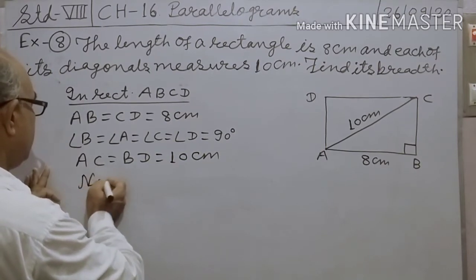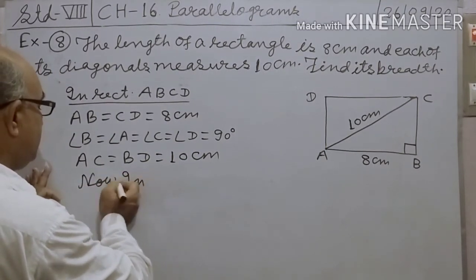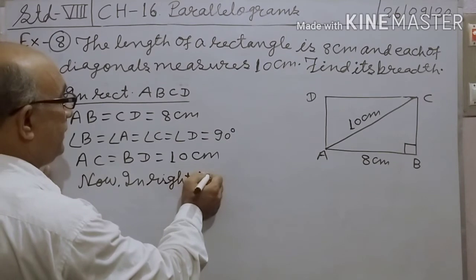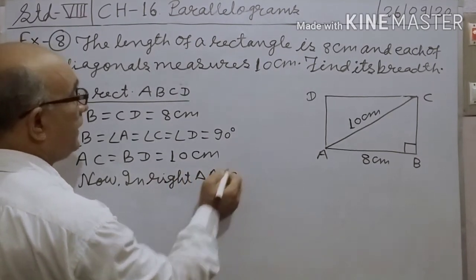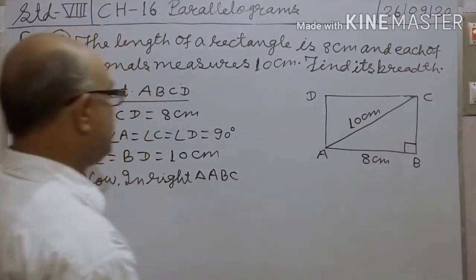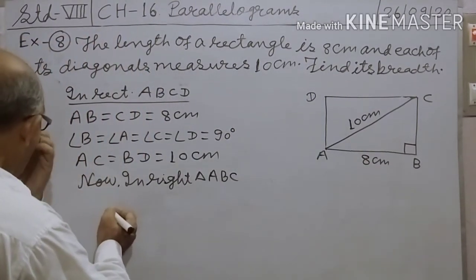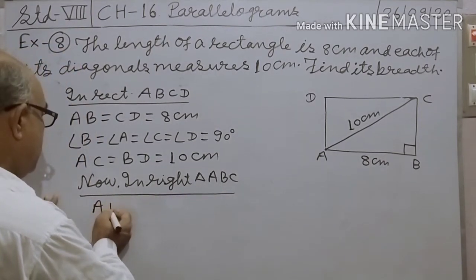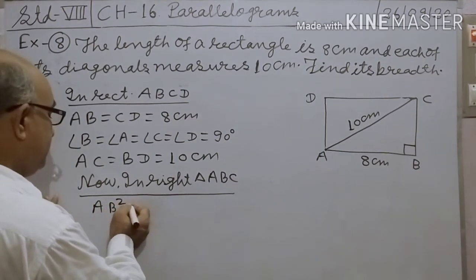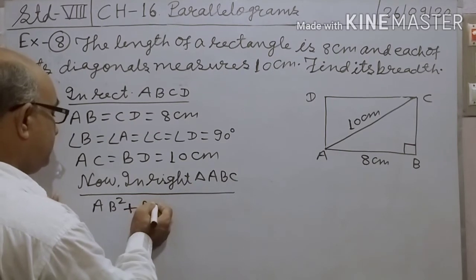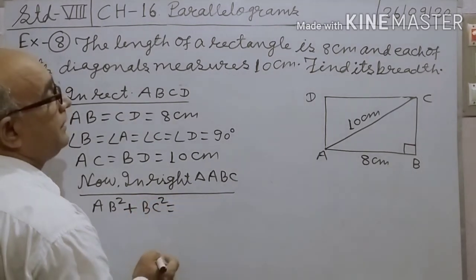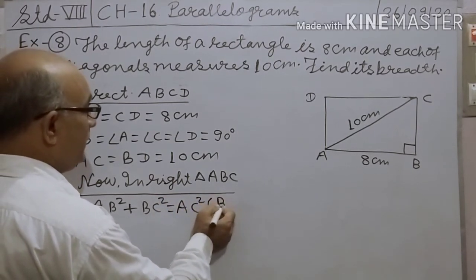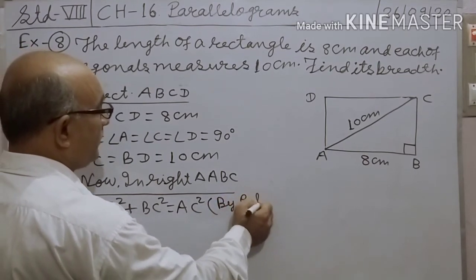Now in right triangle ABC, AB square plus BC square equal to AC square by Pythagoras theorem.